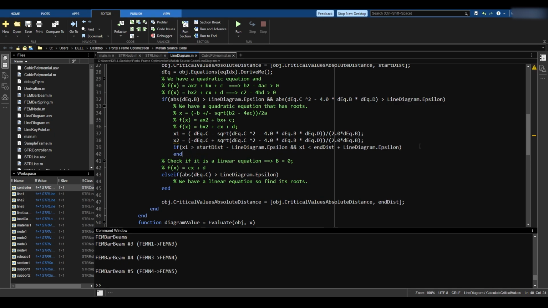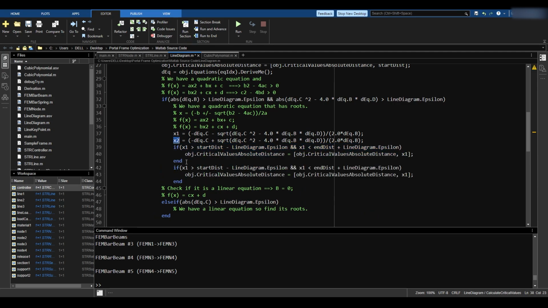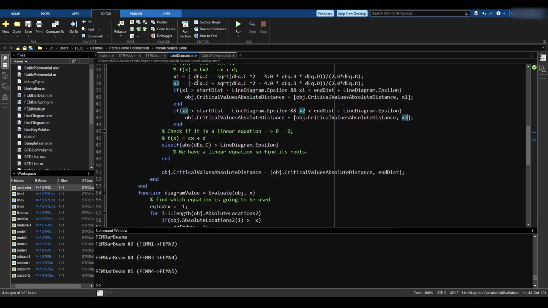So here, if x1 is between the start and the end, then I can basically add it to the list. Again, I will do the same thing for x2. Now, by the way, I didn't check if something like it exists, because I could have duplicate roots. But okay, fine, that's not a big deal. Now we finished the quadratic equation.